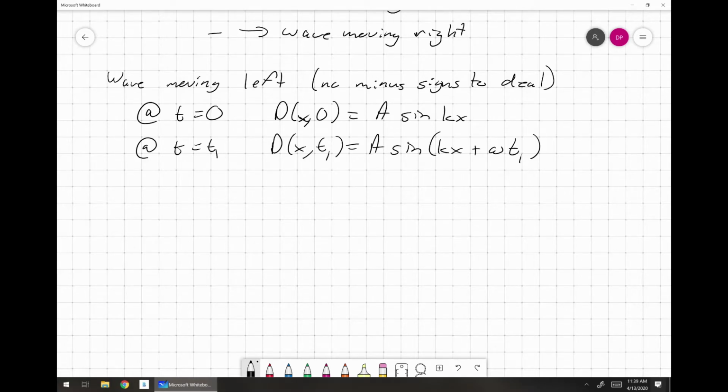And if we took a picture of the wave at this t equal to t1, we would see this sine wave where we have some phase constant omega t1. So for a fixed time, the wave is sinusoidal in space.